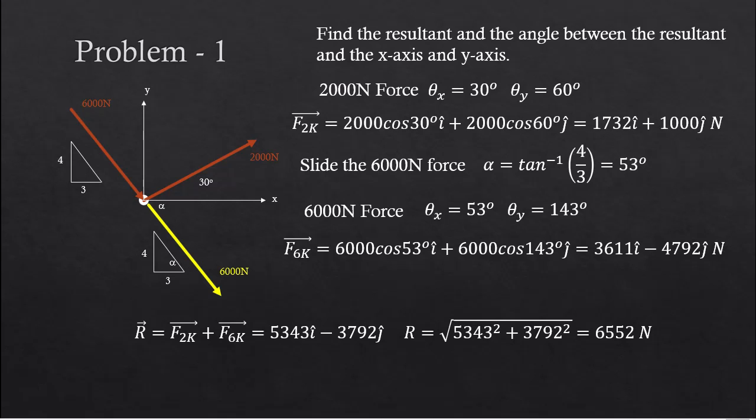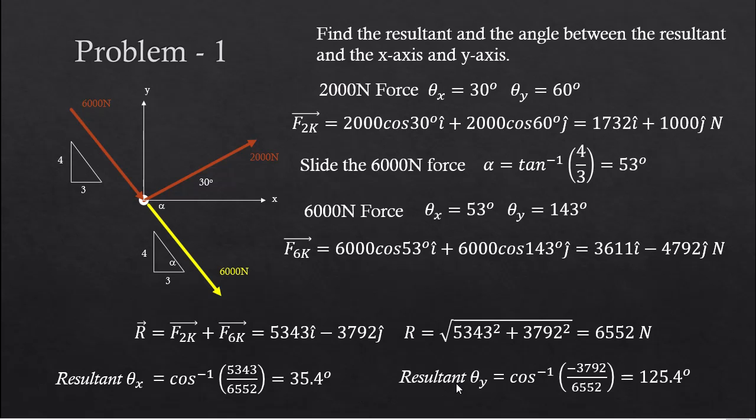To find the angle between the resultant and the x-axis and y-axis, the angle between the resultant and the positive x-axis is cosine inverse of 5343, which is the x component, divided by 6552, which is the magnitude, and we get the angle as 35.4. Similarly, we calculate the angle between the resultant and the positive y-axis.